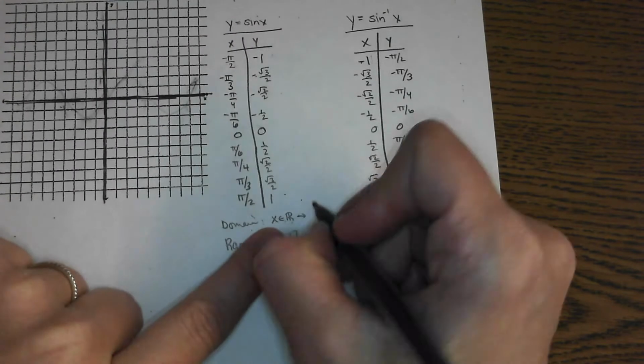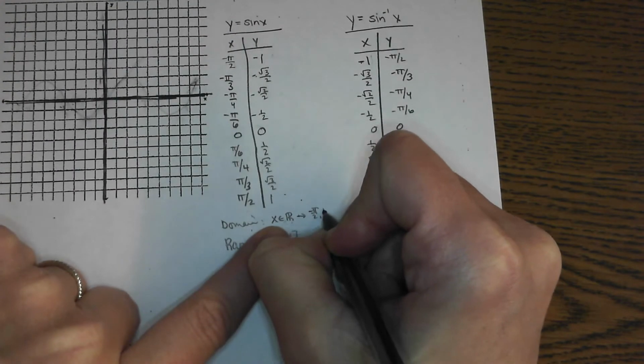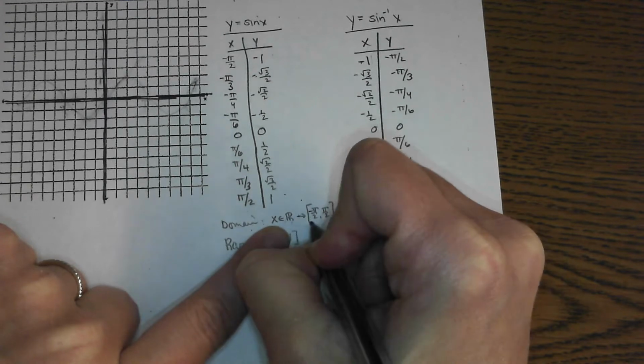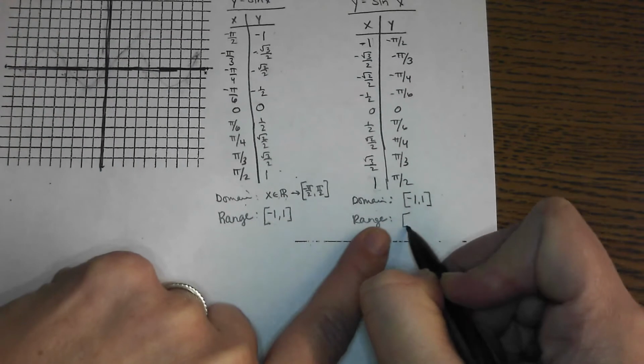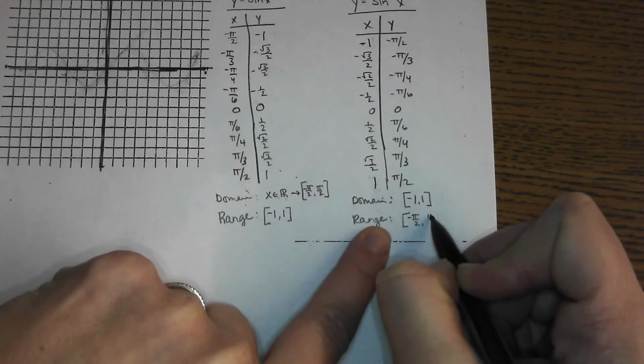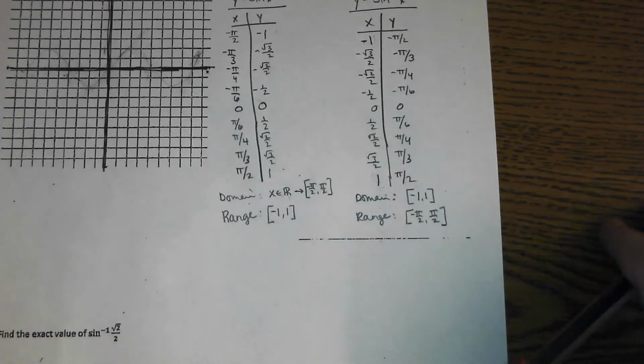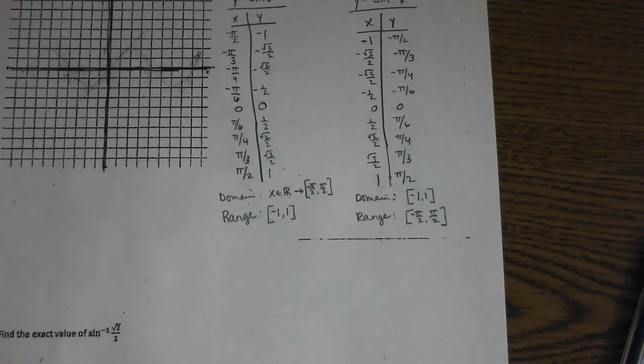And the restricted section was negative pi over 2 to positive pi over 2. And so that's going to be the restricted range of our inverse sine function.